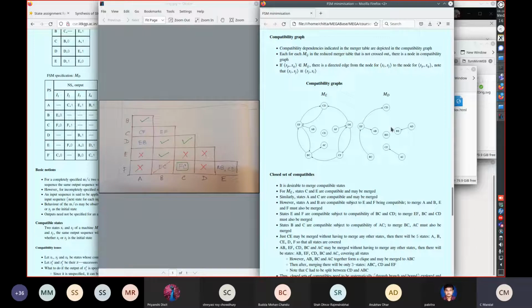Now, starting with this compatibility graph, you can identify a closed set of compatibles. Can you identify a closed set of compatibles with this?